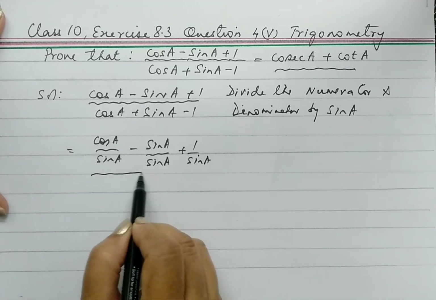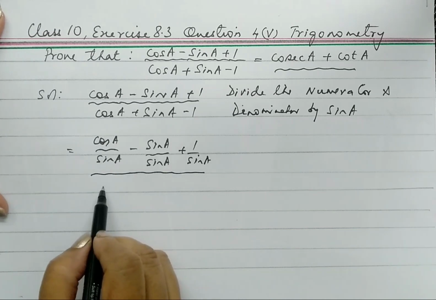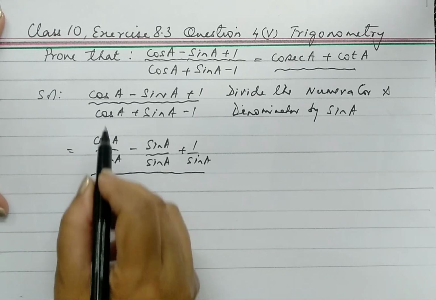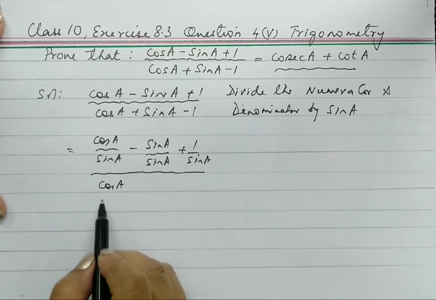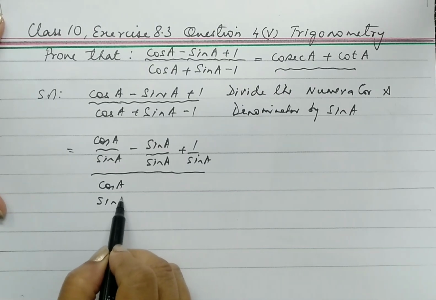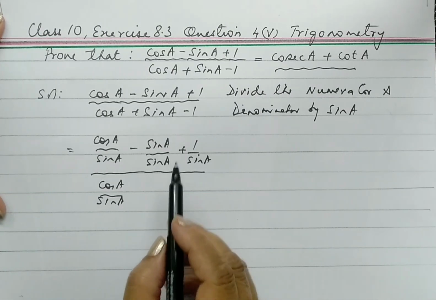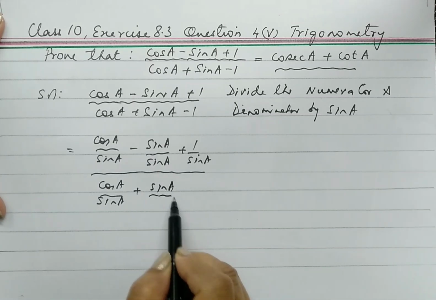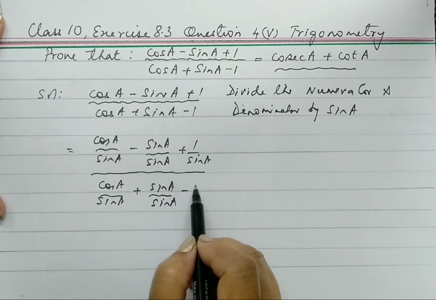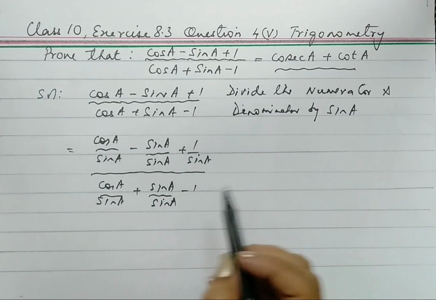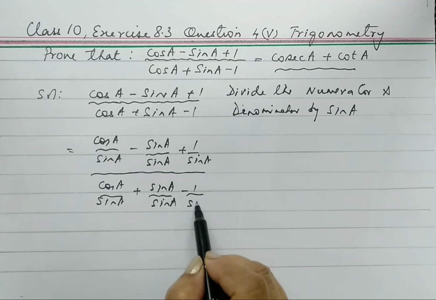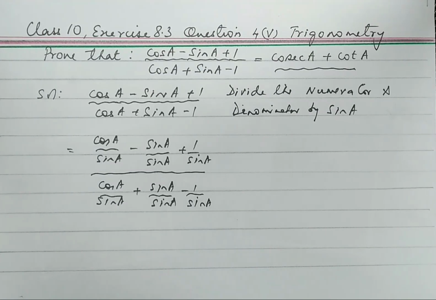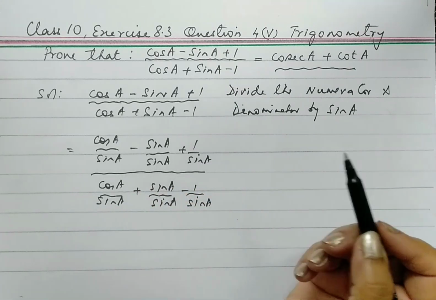Now below we have cos A already, so we'll divide it by sin A. We have plus sin A, so we'll divide by sin A, right? And we have a minus 1 there, which too needs to be divided by sin A. Alright, so why are we doing this?